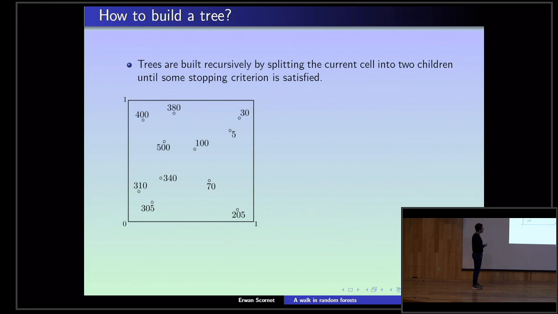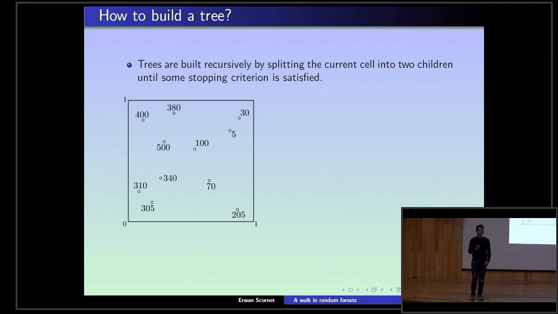So this is x1, x2, and y. If I give you x1 here and x2 here, the y value associated to this x is 70. Okay. So here you have a very simple data set. In practice, you can think of 1,000 observations, so 1,000 points, and 1,000 or even more variables.